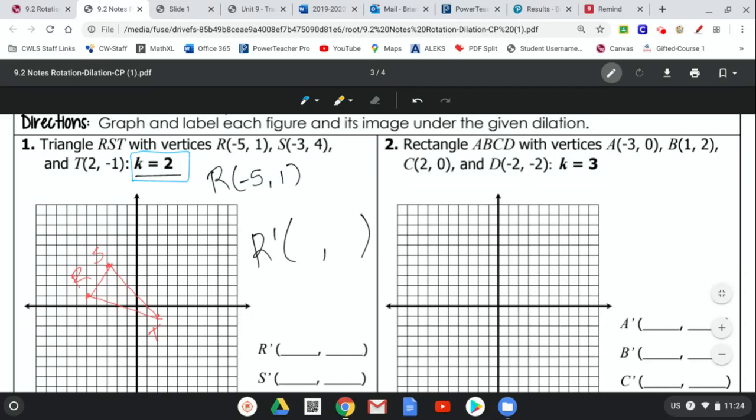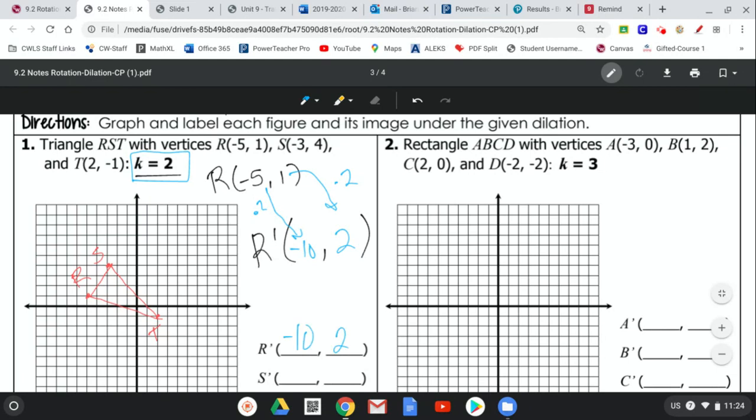So -5 times 2 is -10, and 1 times 2 is 2. So our coordinate for R prime is -10, 2.